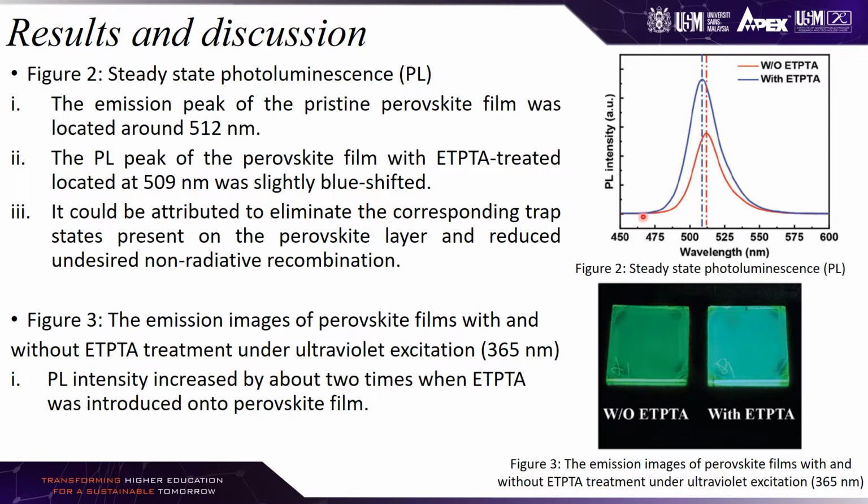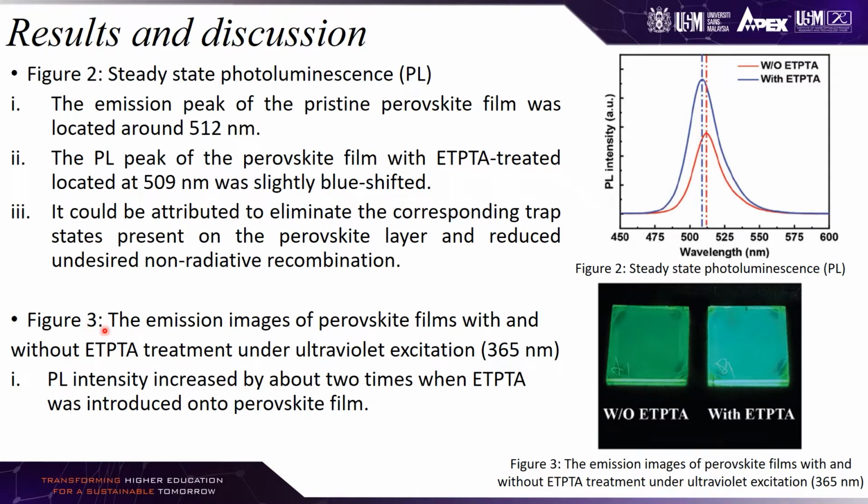This is the blue line, slightly shifted compared with the red line. It could be attributed to eliminating the trap states present on the perovskite layer and reducing undesired non-radiative recombination.